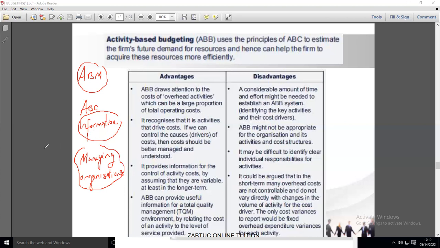So this time around, we are saying the same ABC information can be used for what purpose? For budgeting. Now, what is at the center of ABC? If we summarize, what's at the center? Activities. Our organization is arranged in terms of activities, and within the activities, what do we have? We've got cost drivers.